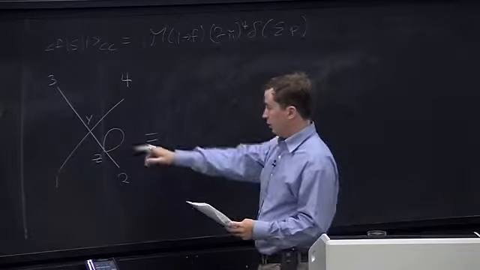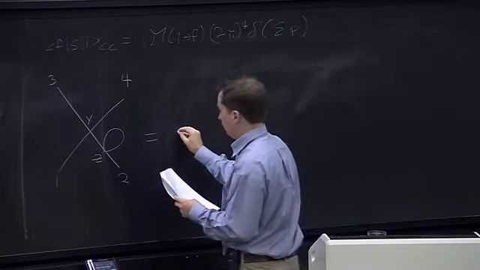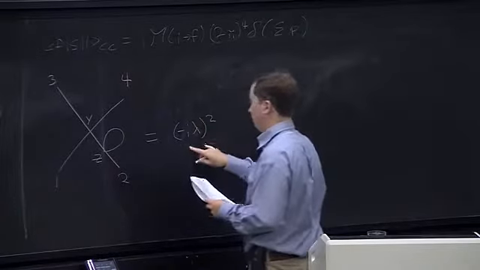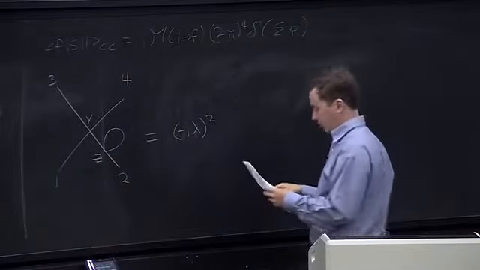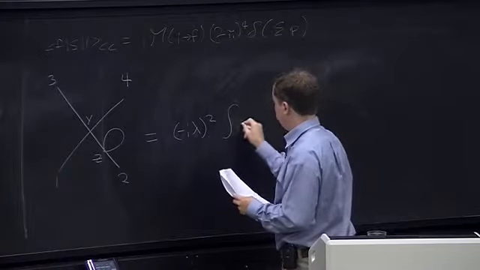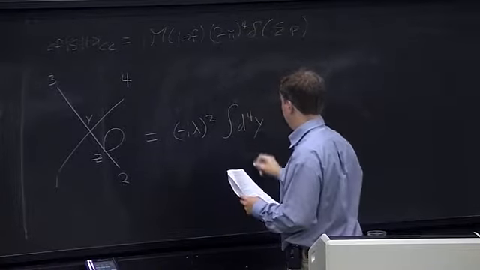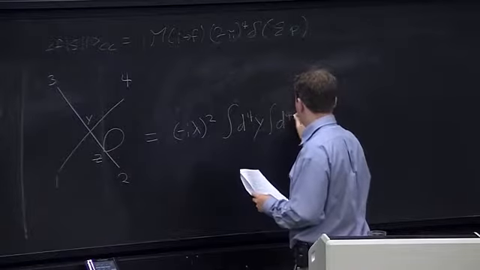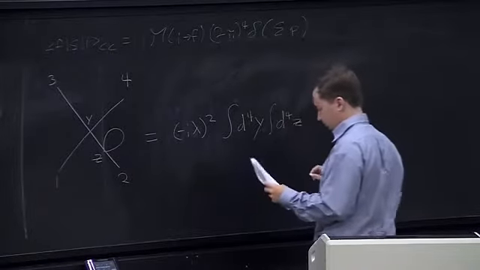And so this diagram has two vertices. So there are two factors of minus i lambda, an integral over the position of both of the interaction vertices.